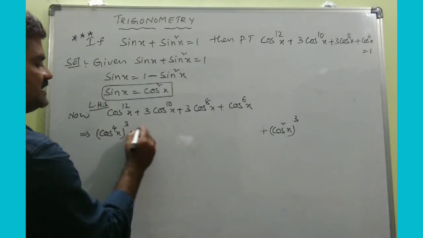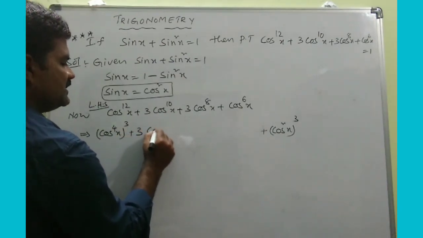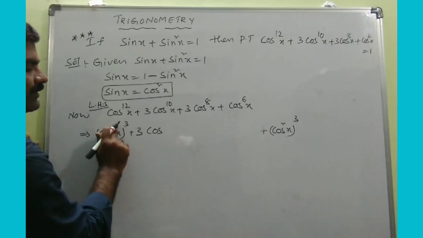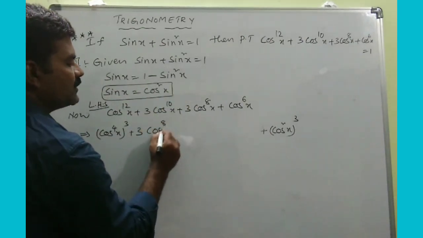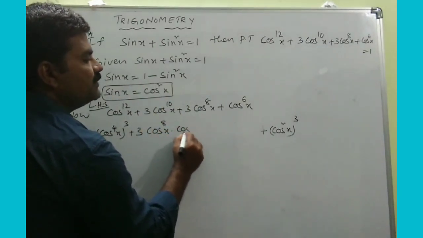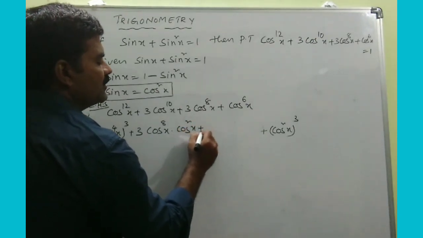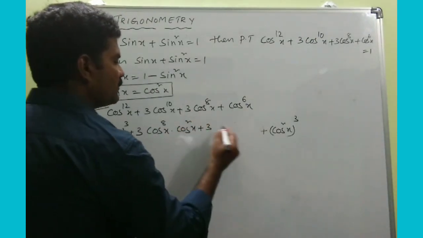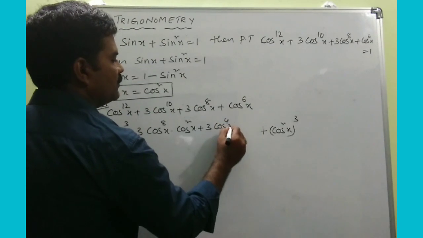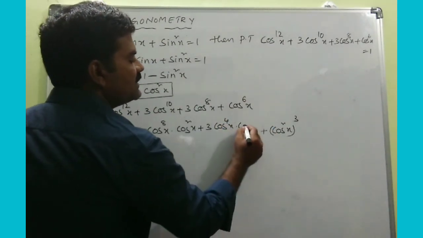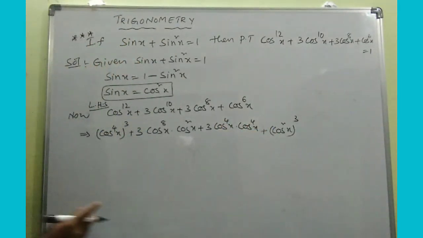Now plus 3a square b, let us see, isn't it 3 into cos power 4x whole square, which is nothing but cos power 8x into b is cos square x, plus 3ab square, a is cos power 4x into b square is also cos power 4x. Now you see, is it matched with the above one?